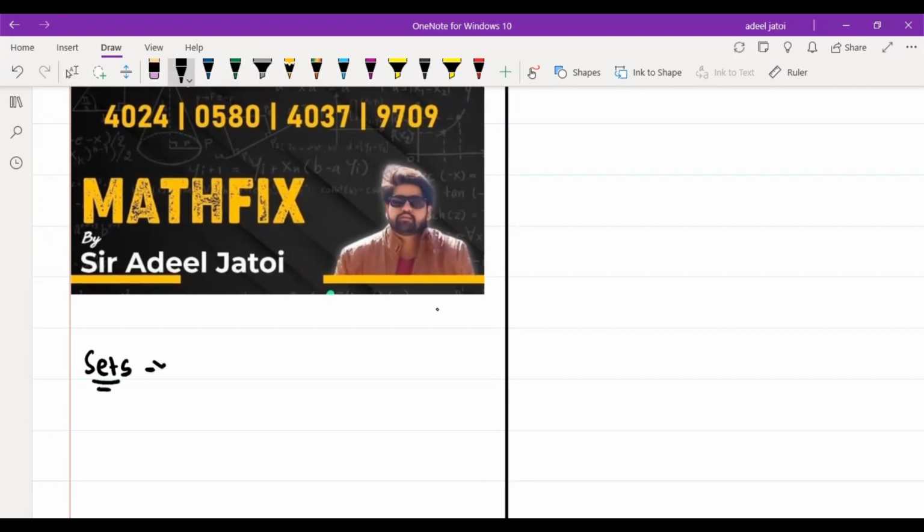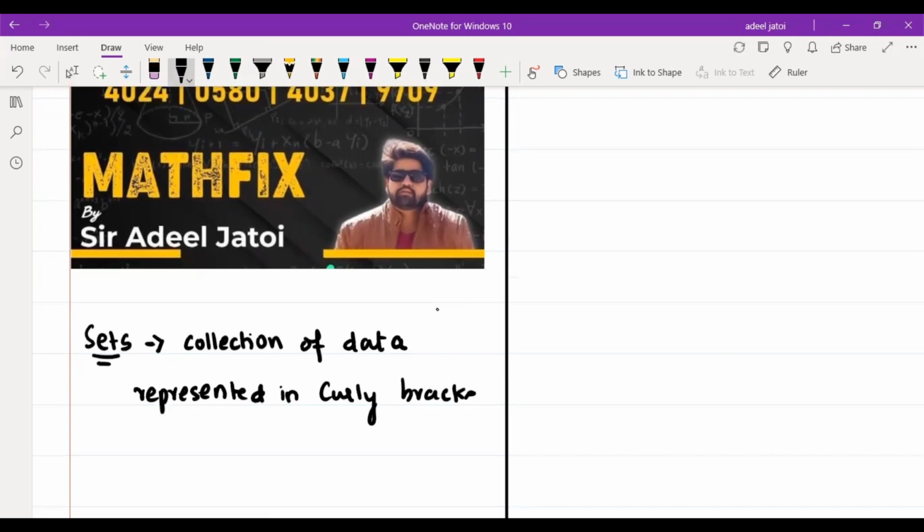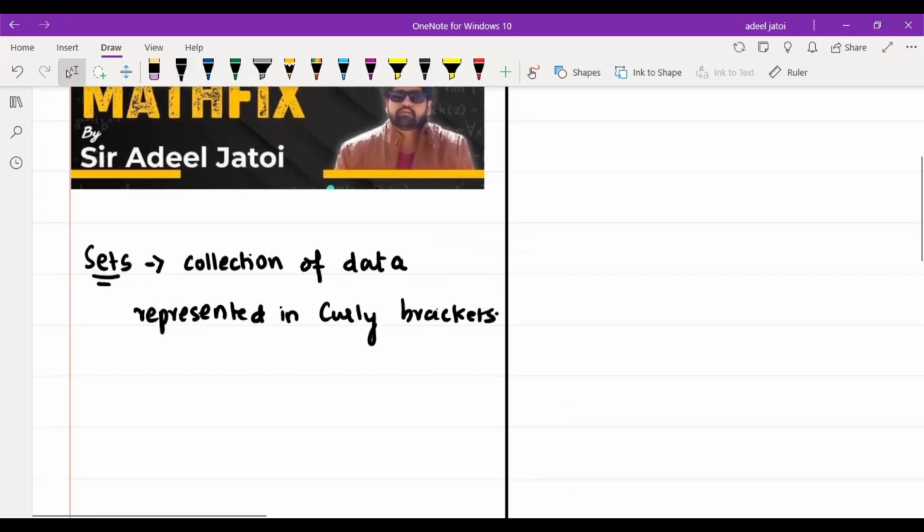To understand, a set is basically a collection of data represented in curly brackets. This will be your curly bracket.